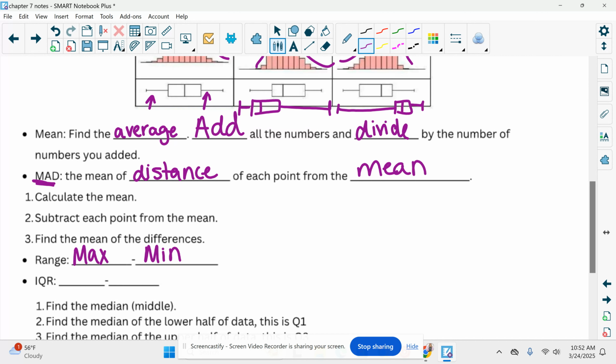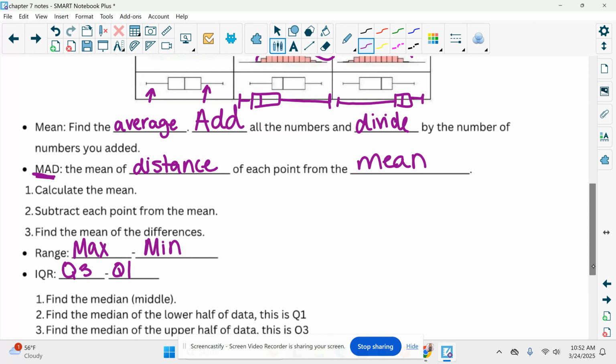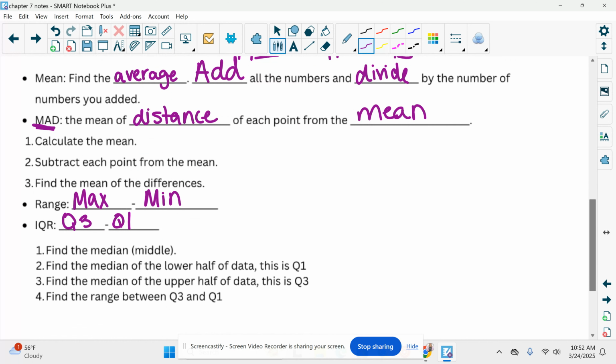How do I find IQR? Q3 minus Q1. And the formula sheet tells us this, but does it tell us how to find Q3 and Q1? No, that's something you have to know how to do.